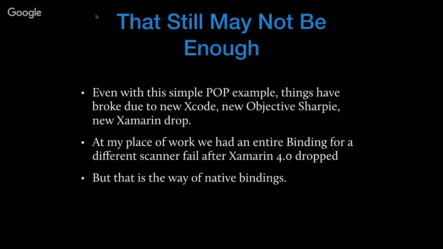But that's the way the native bindings work. Things can break very easily. These devices have firmware upgrades that we're not in control over sometimes. We've since remedied that, but they used to have an app used for calibration, and we didn't know that the app also downloads firmware when there's new firmware.